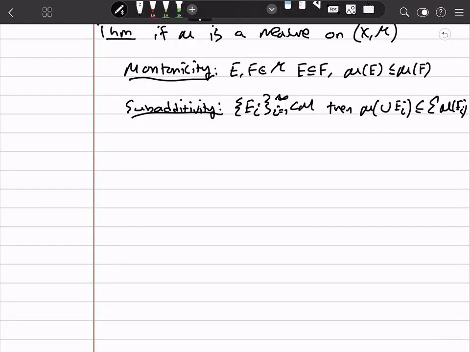Now we have two of the continuity conditions. The first one is continuity from below.